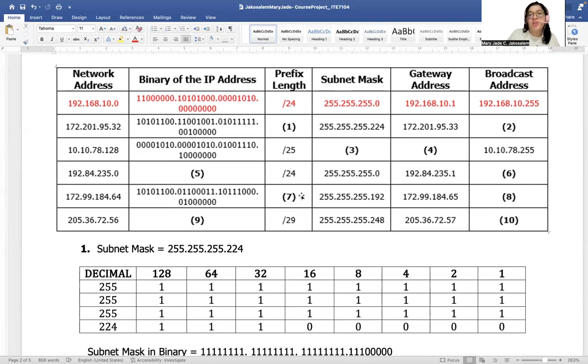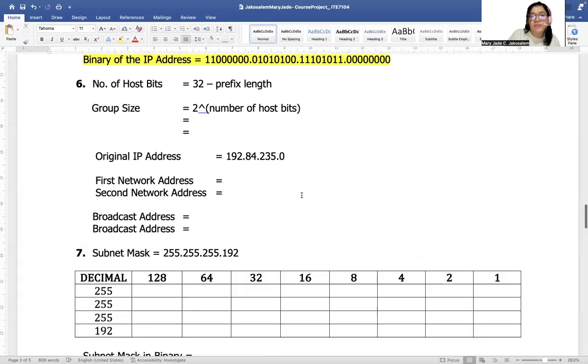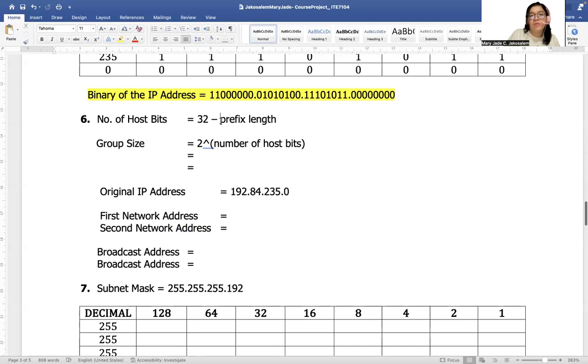So 32 minus 24 is equal to 8. So our number of host bits is 8.